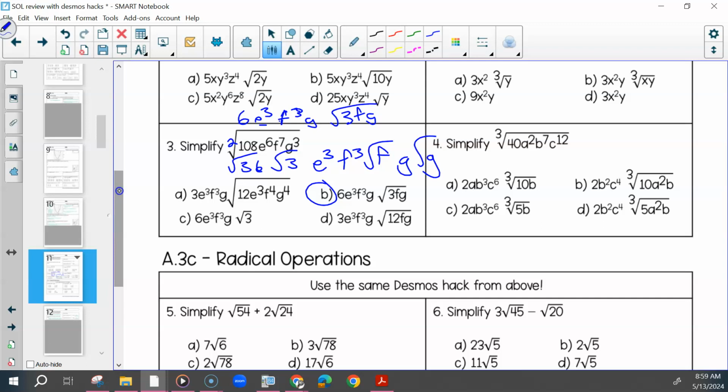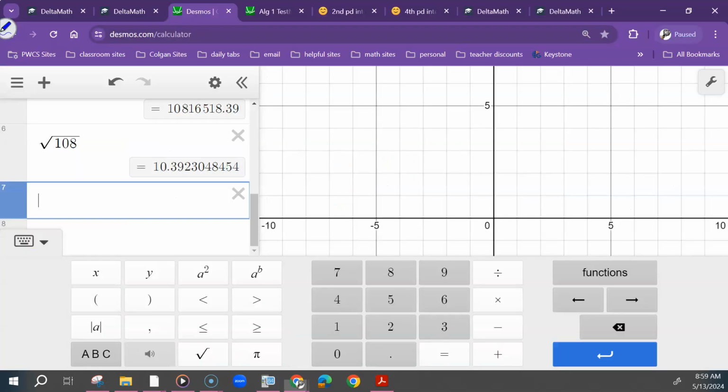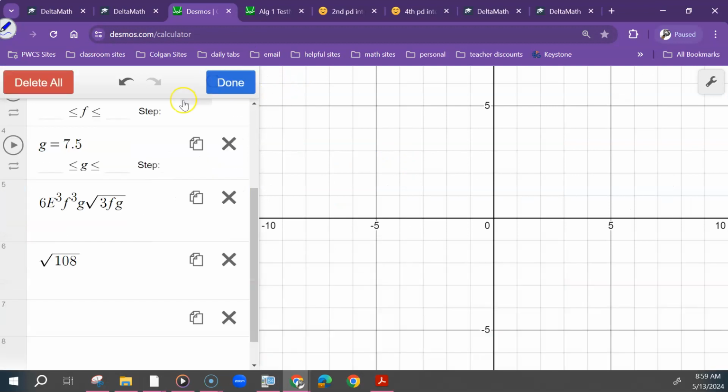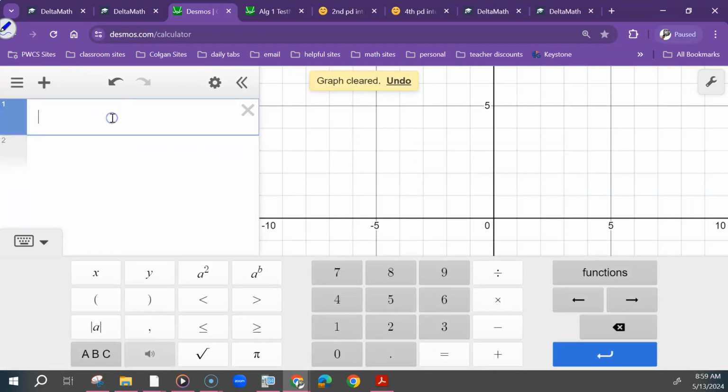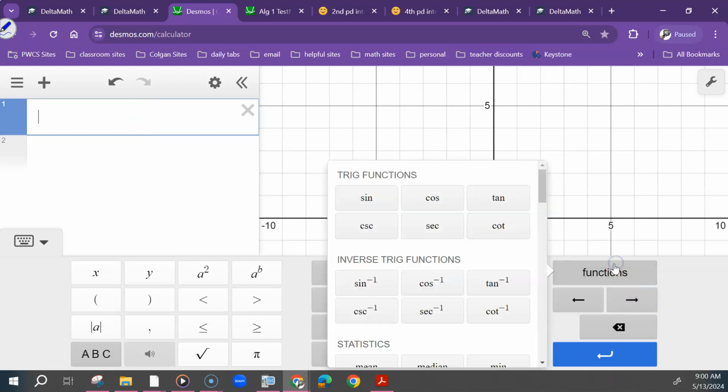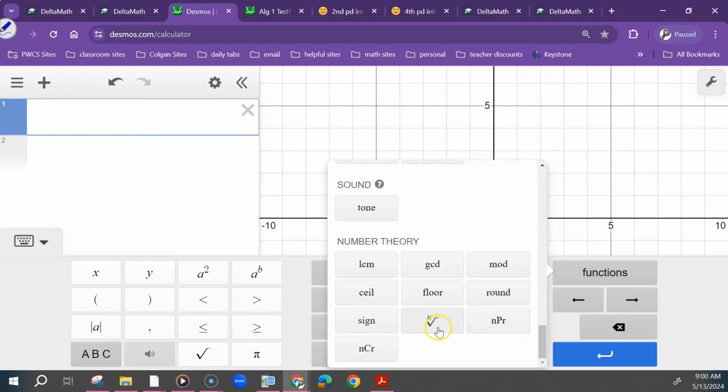For 4, we're going to use the Desmos slider hack again. You can use CBRT for cube root, or you can go into functions and scroll all the way down and use the nth root.